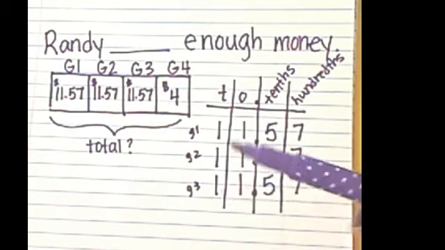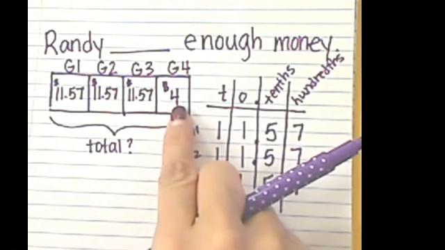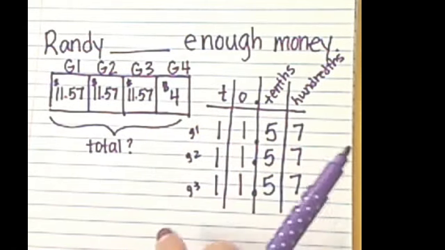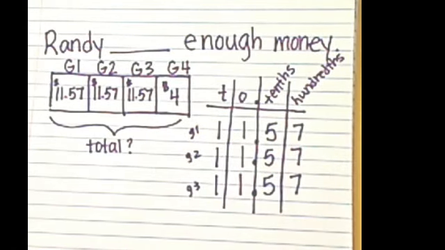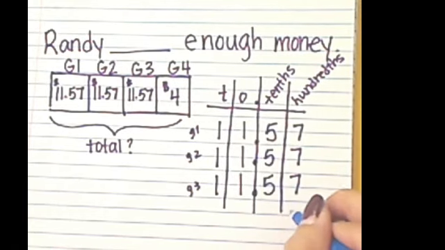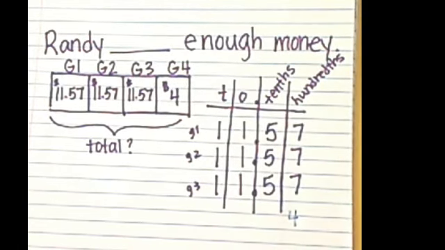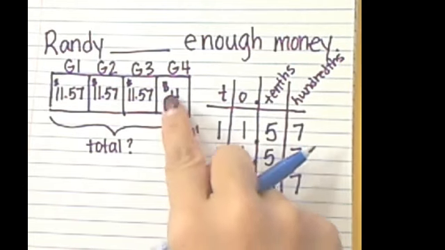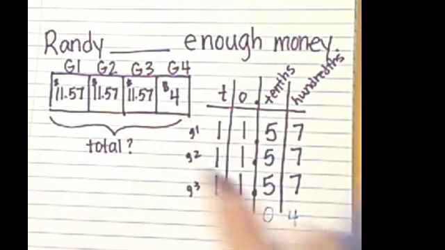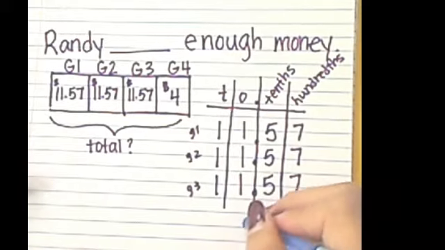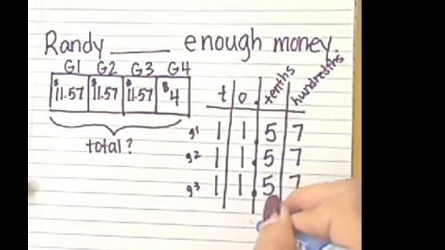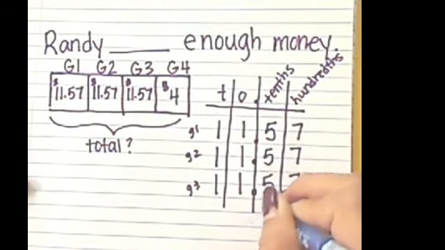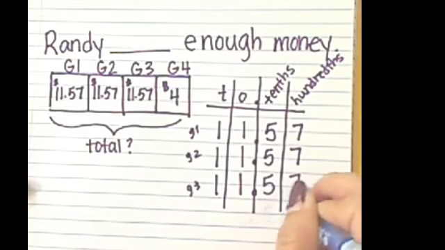Do you guys know? When the 4 doesn't have any decimals, where do we write this 4? Are we going to write it right here? If we write it right here, then that would mean you have this. But is that the number that's in here? No. The number in there doesn't have any decimals or zeros ahead of it.